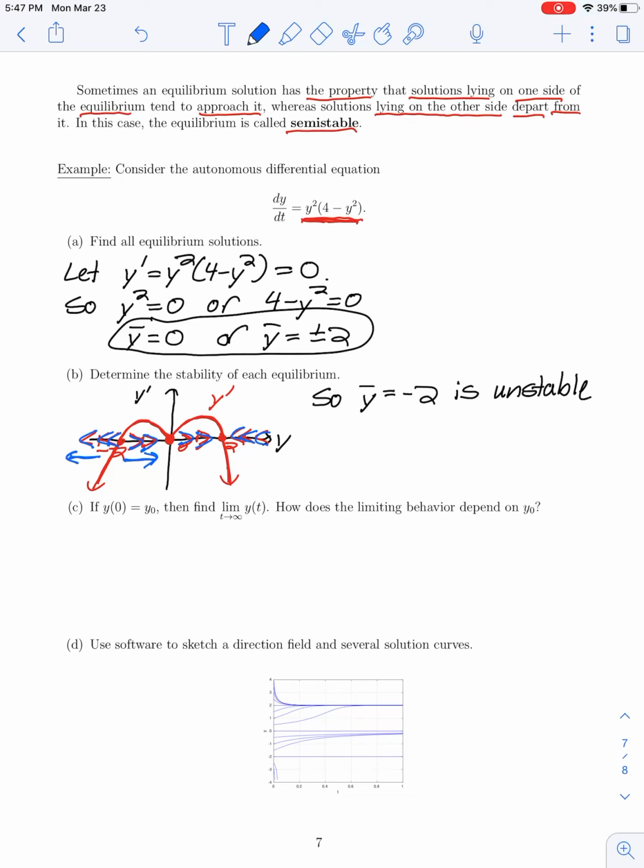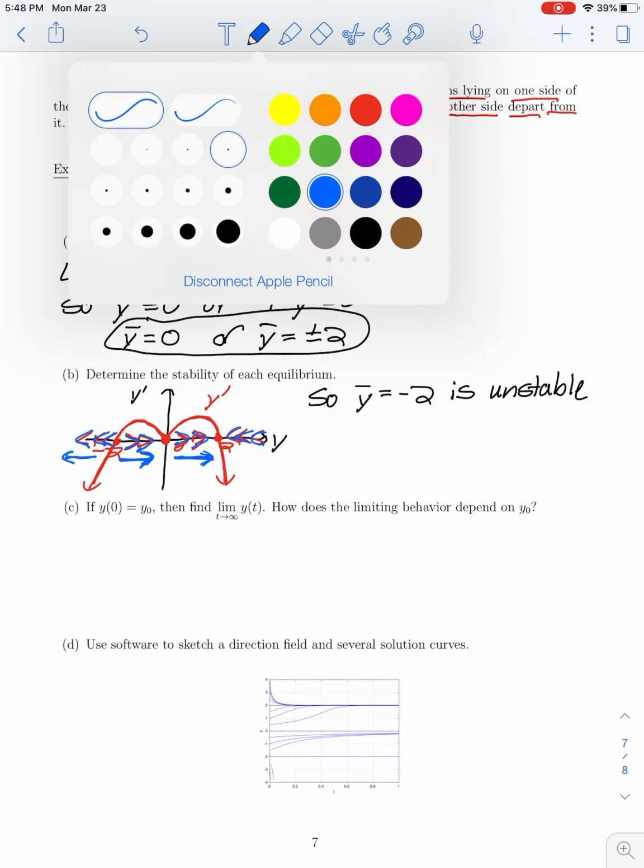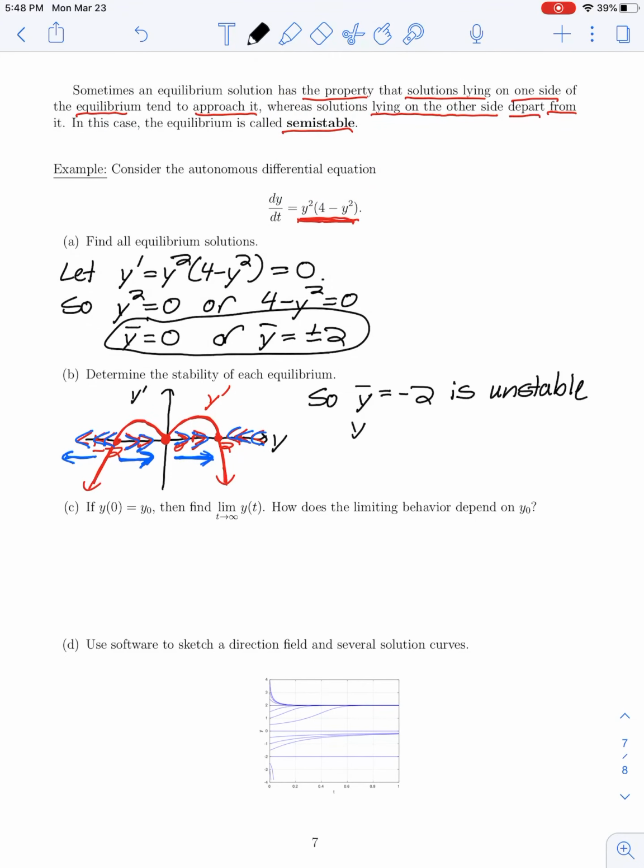Now for the equilibrium 0, well, to the left of 0, our values of y are increasing. They're moving towards 0, but as soon as I take a positive value of y, we're still increasing. We're moving away from 0. So in this example, we have y bar equals 0 is semi-stable.